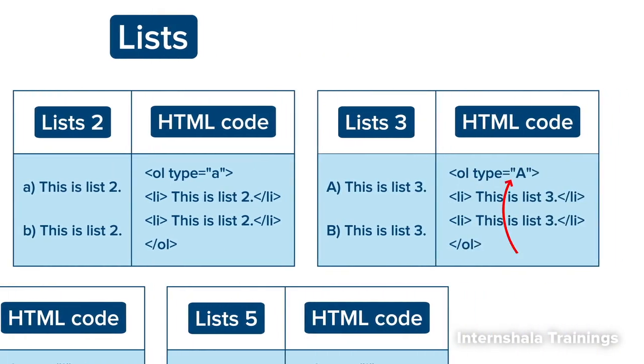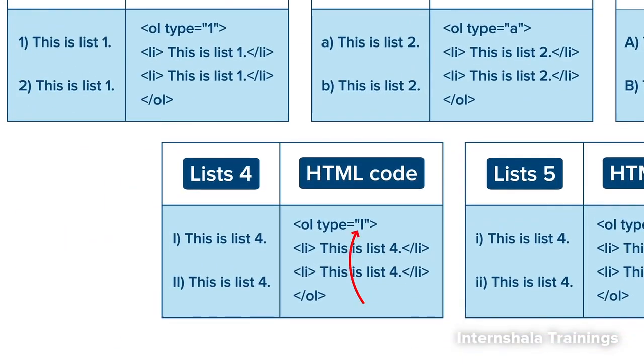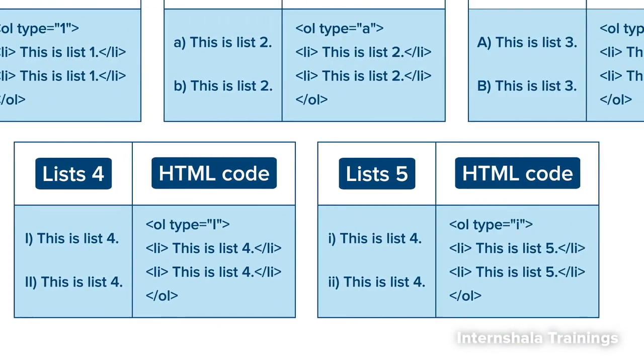Similarly, in list 3, we have used capital A to create an alphabetically ordered list using capital letters. In list 4, we have used marker as capital I to create an ordered list using capital Roman numerals. And lastly, in list 5, we have used the marker as small i to create a list using small Roman numerals.